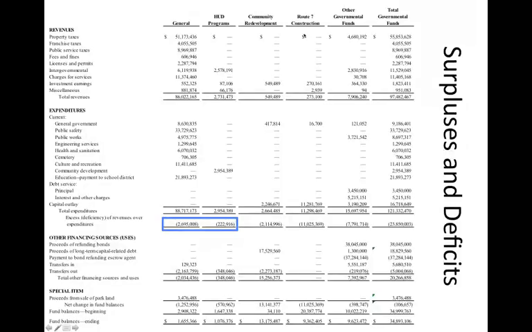Here's an enormous capital outlay in this year, but there wasn't much in the way of resource inflows. I think perhaps if you had looked in the previous year, you might have seen that there was a significant inflow, maybe proceeds here of long-term debt that was issued in the previous year, and then it was spent in the current year.